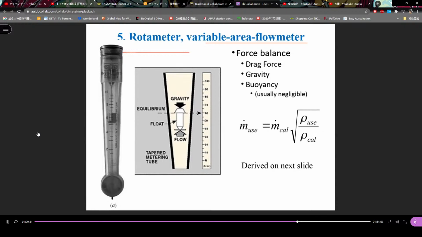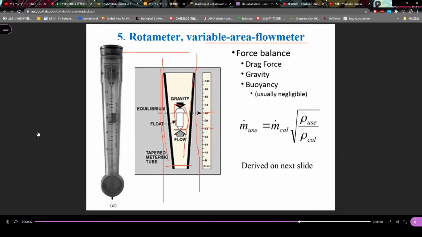You see, this is a pipeline, and there is a narrowed tube, and inside there is a float with a light liquid inside, with a color, red for example. And you measure the position of the float.